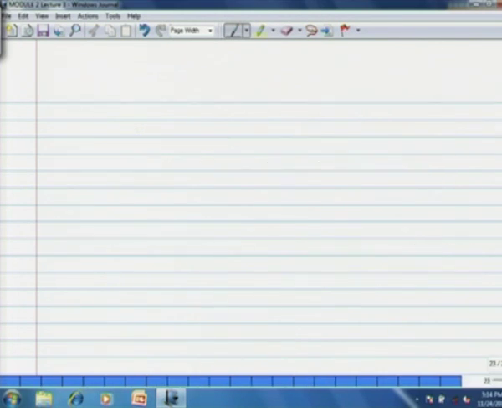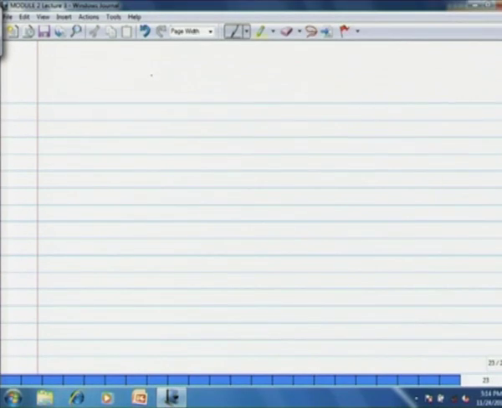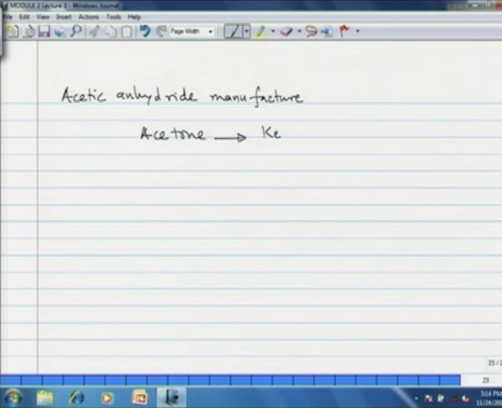Now, we take the example of acetic anhydride manufacture. The chemistry of the process is that acetone is decomposed into a species called ketene with liberation of methane.